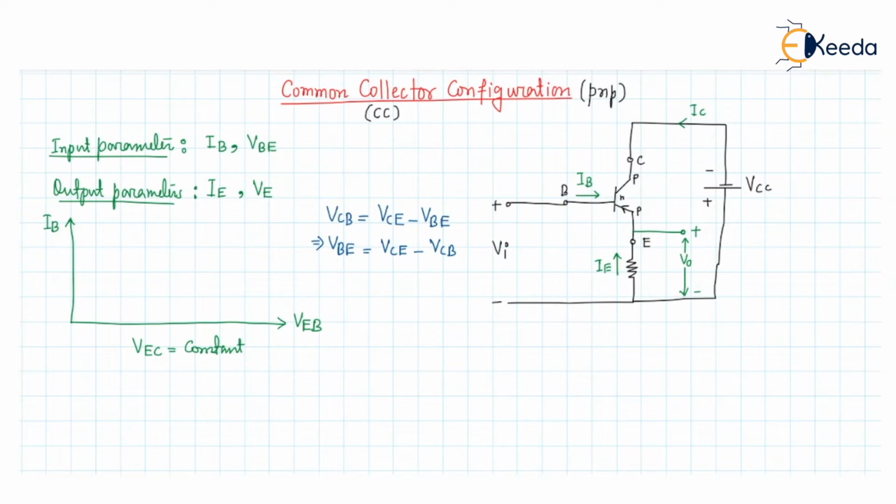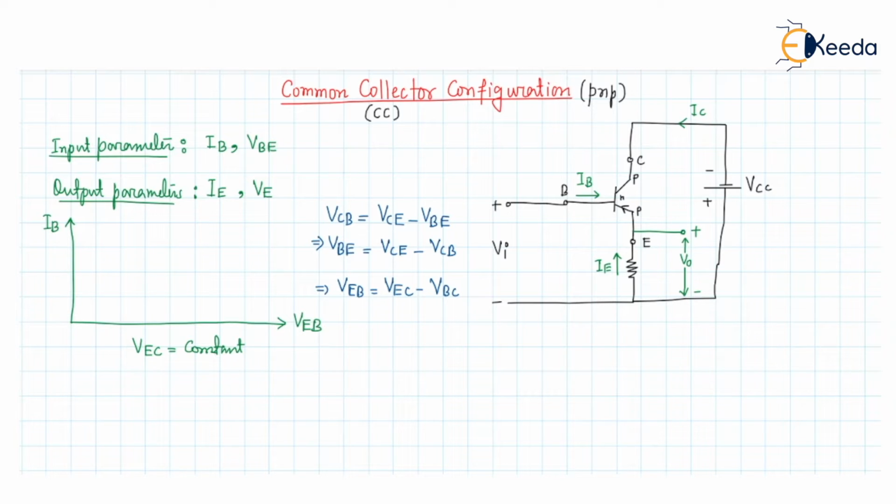So from this equation, we can find that the VEB value will be the VEC value minus the VBC.